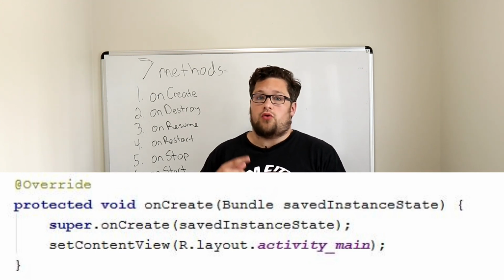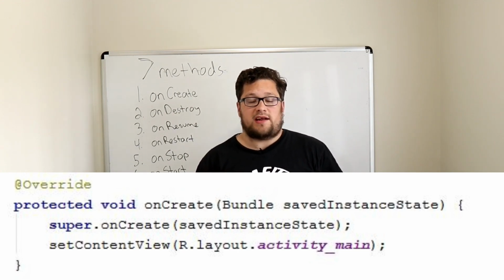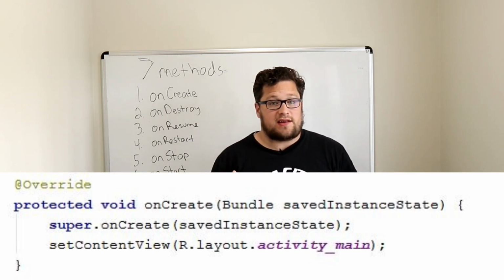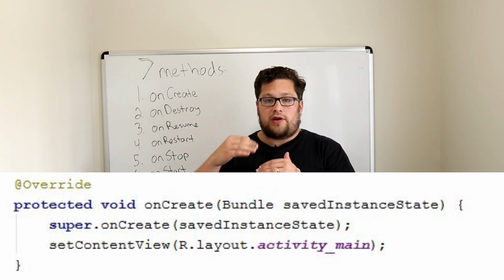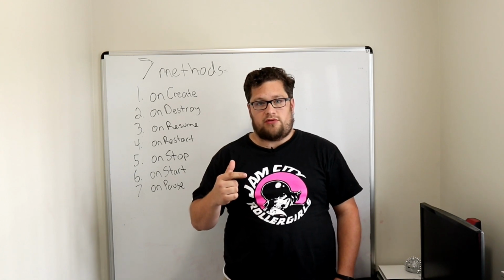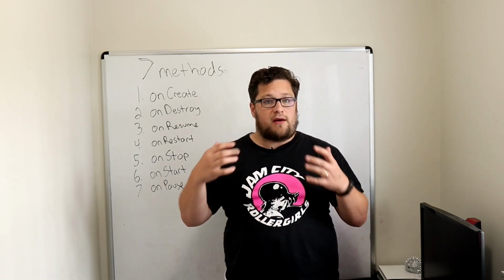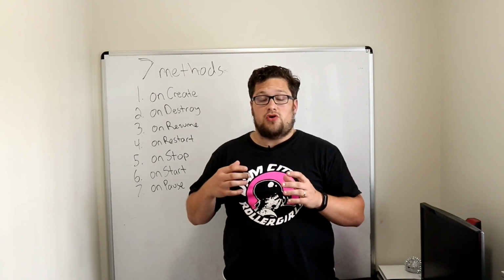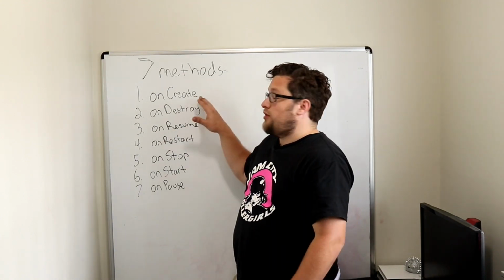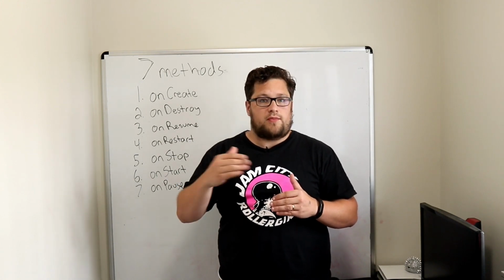It is only called one time per active instance of that activity. Now you can have an activity have multiple instances on the stack, and onCreate will get called for each one of those. So you can think of onCreate as the place where you want to set up that activity, knowing that that will not get called again if that activity gets brought back to the foreground after being backgrounded.